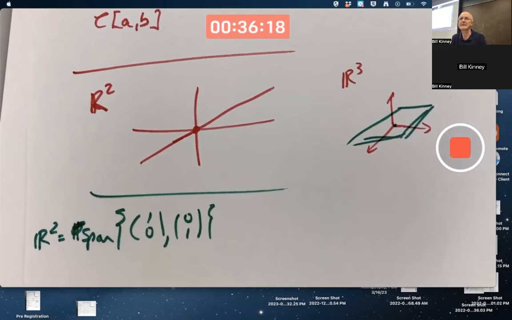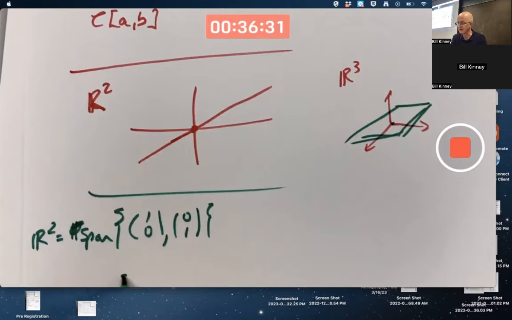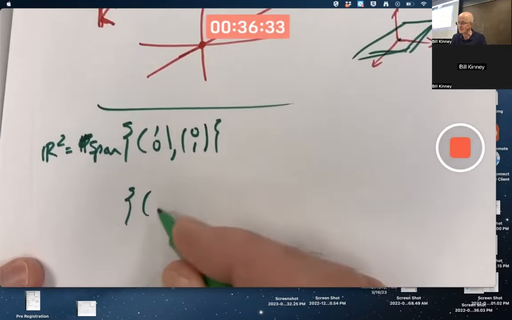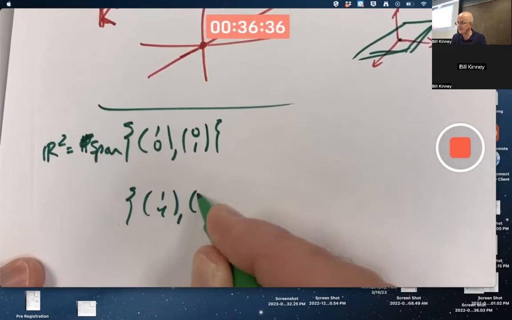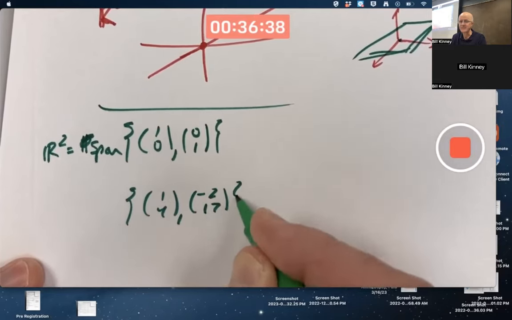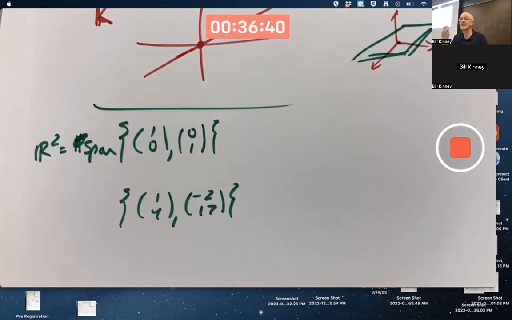But that's not the only basis of R2. In fact, I hope you remember that any two non-zero vectors that are not parallel, not scalar multiples of each other, form a basis for R2. Any two vectors in R2, say like (1, 4) and (-2, 17). Those are two non-zero, non-parallel vectors in the plane.